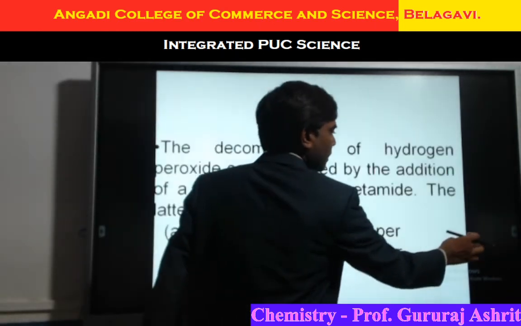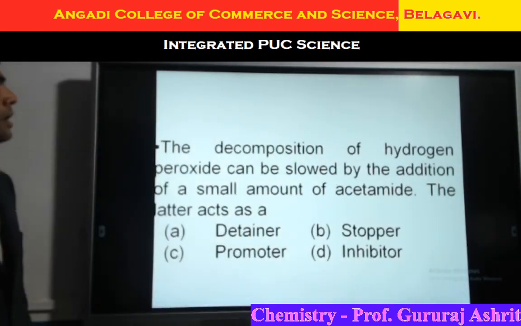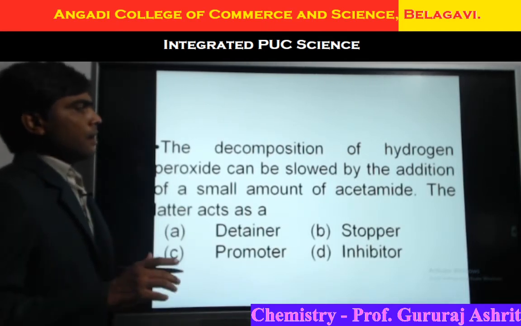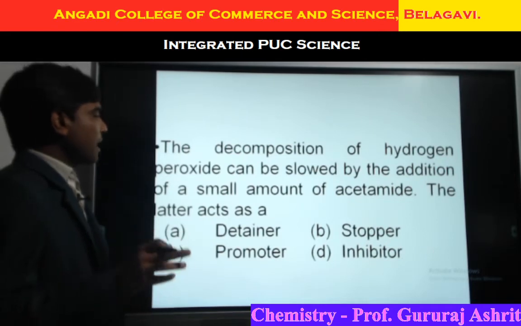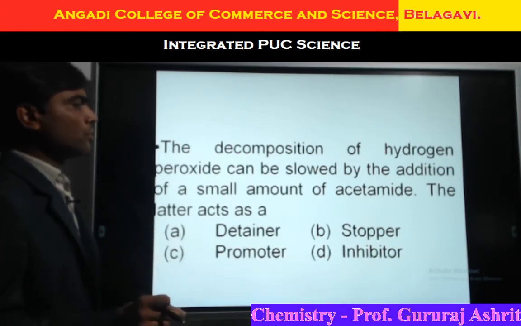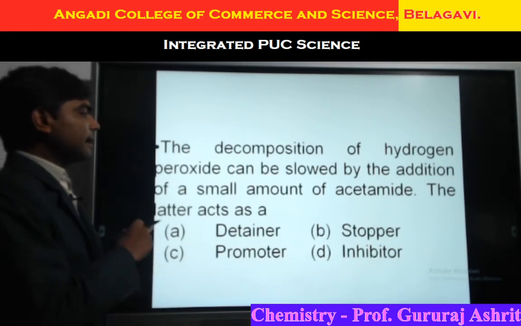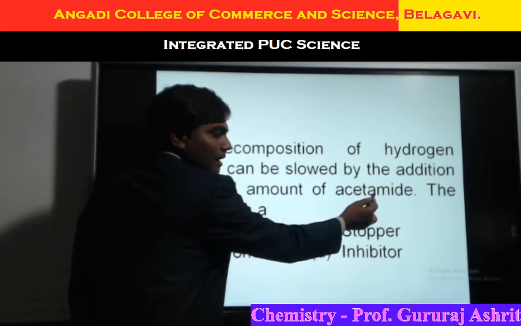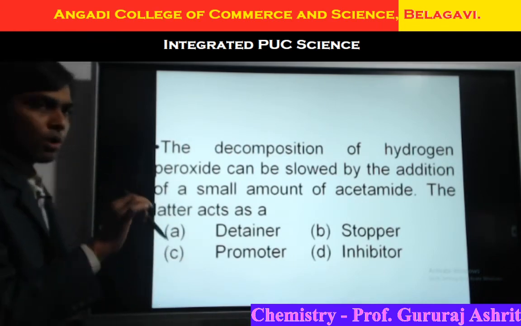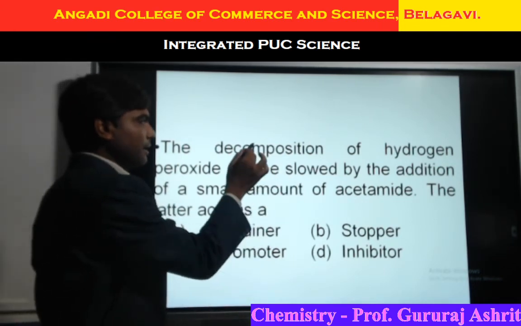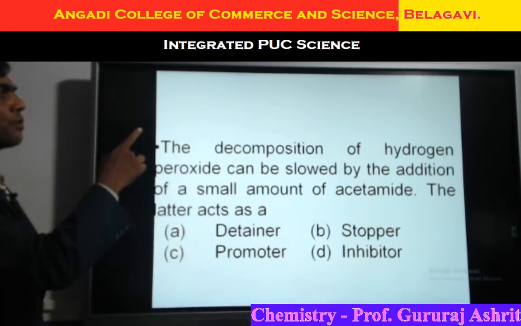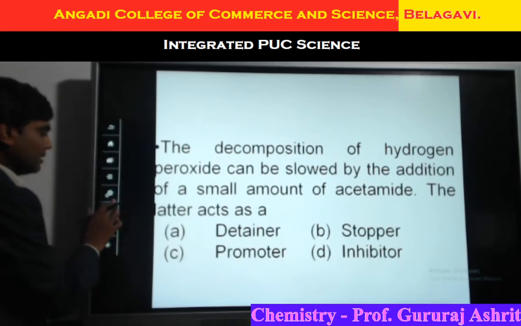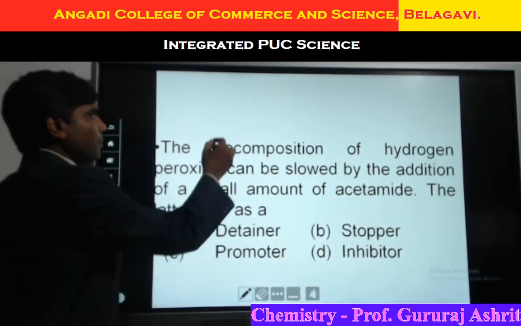Okay. Next question. The decomposition of hydrogen peroxide can be slowed down by the addition of a small amount of acetamide. The latter acts as a, latter means this acetamide, about that he is telling. Okay, what is the role of the acetamide in the decomposition of hydrogen peroxide? First we see the reaction. Reaction is not required here, but I am writing it also.